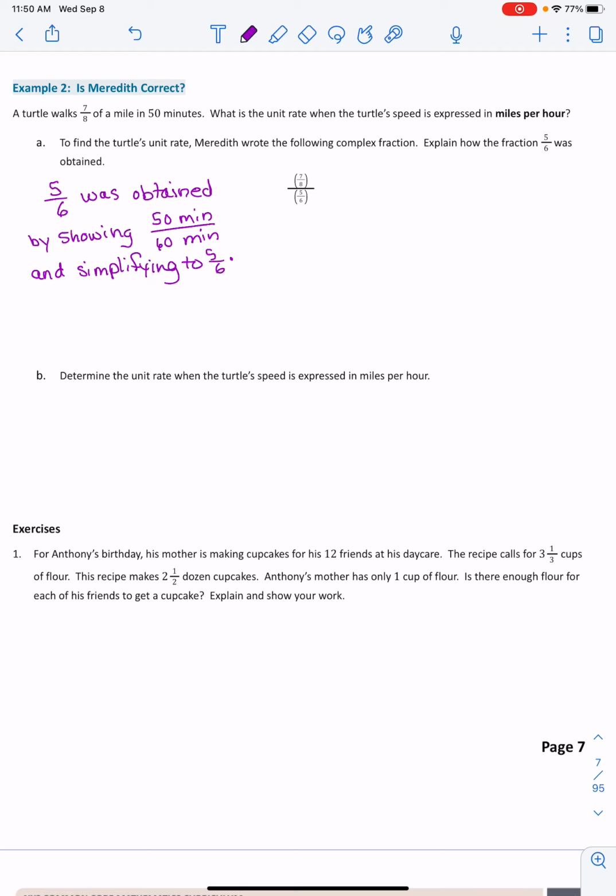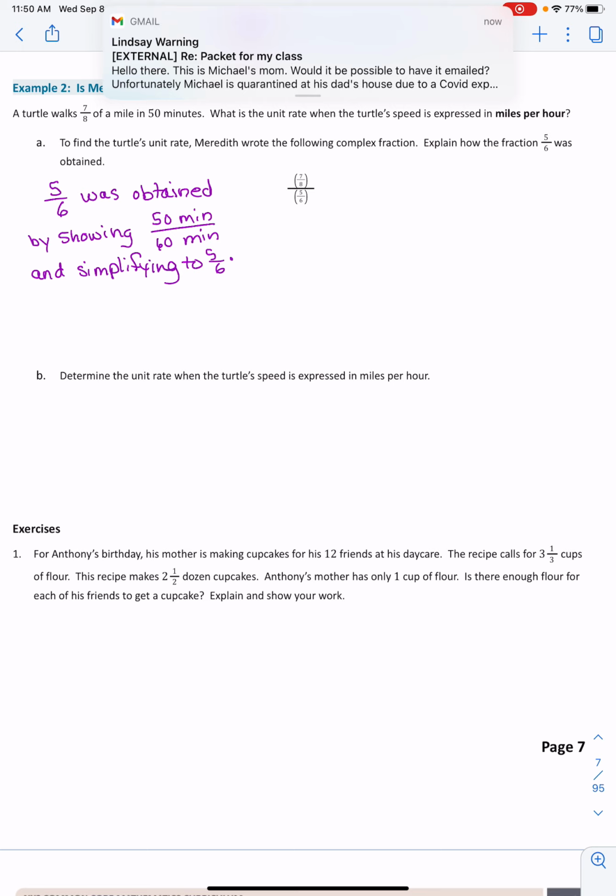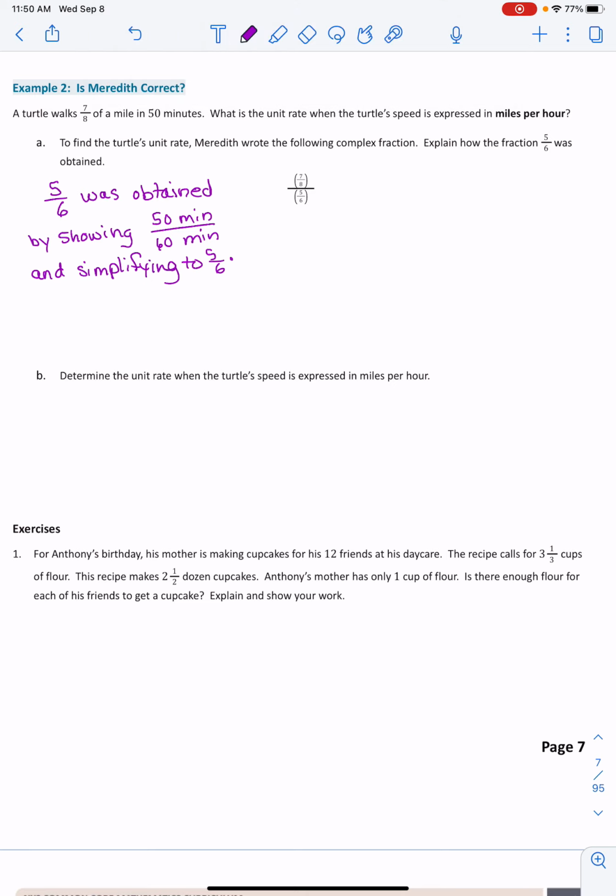Our next question says, determine the unit rate when the turtle's speed is expressed in miles per hour. Well, we can do that by dividing 7/8 over 5/6. And all this complex fraction means is we're dividing fractions. 7/8 divided by 5/6.